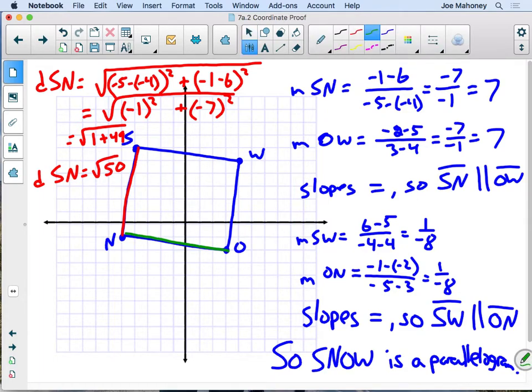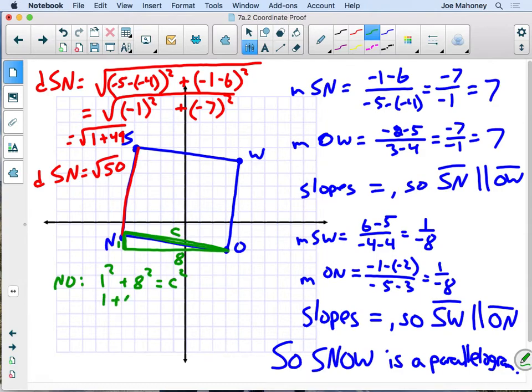Now let's go find the length of side NO. I'm going to do a Pythagorean theorem here. It's a right triangle. This side is 1. This side is 8: 1, 2, 3, 4, 5, 6, 7, 8. If I call the length of side NO C, I get 1 squared plus 8 squared equals C squared. 1 squared is 1, 8 squared is 64.